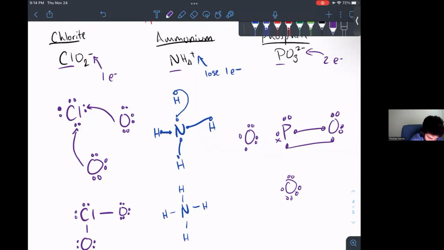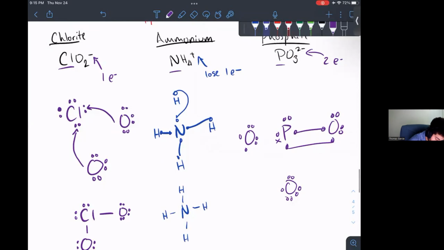And as we continue this, I actually realize I made a mistake, so I'm going to just go back. Phosphite isn't 2 minus, it's actually 3 minus. That means we get 3 electrons to play with, which opens it up to say, well, we could have changed it before and just done this whole thing. Well, we just simultaneously add our 3 electrons here, and oxygen shares its own electron. So let's go ahead and clean this up.